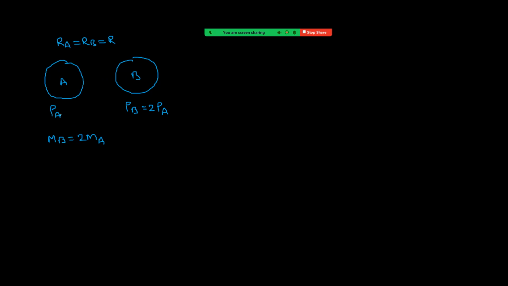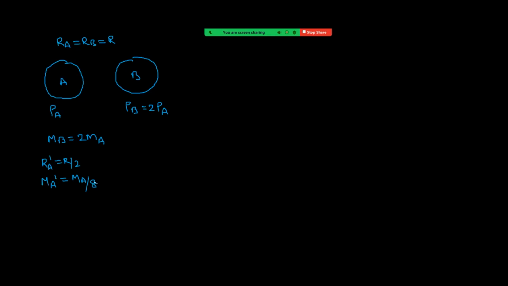Now, A is losing mass. Therefore, its radius becomes, let us take RA dash, now becoming half. When the radius becomes half, mass becomes 1 by 8, because mass equals volume into density. So volume is 4 by 3 pi r cube. Therefore, mass now becomes MA by 8.